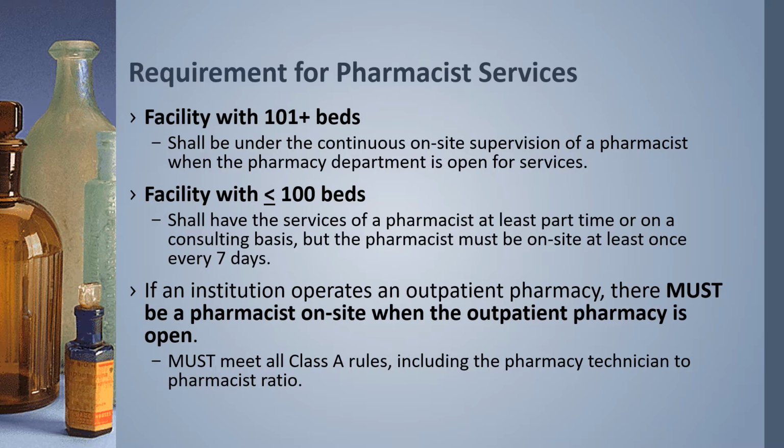Sometimes you will see a hospital pharmacy have an outpatient pharmacy as well. In this case, if an institution operates an outpatient pharmacy, there must be a pharmacist on site when the outpatient pharmacy is open. The outpatient pharmacy must also meet all Class A rules, which Class A means community pharmacy, including the pharmacy technician to pharmacist ratio.